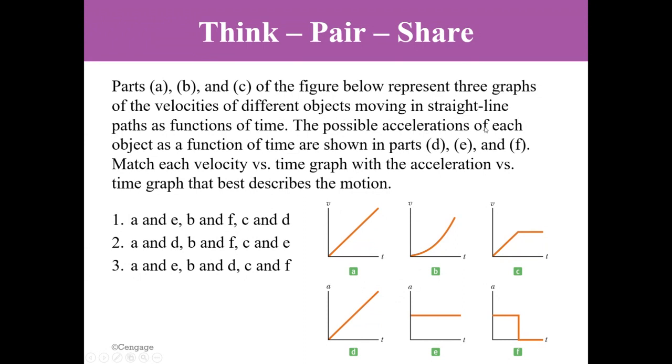The possible accelerations of each object as a function of time are shown in parts D, E, and F. Match every velocity versus time graph with the acceleration versus time graph that best describes the motion.